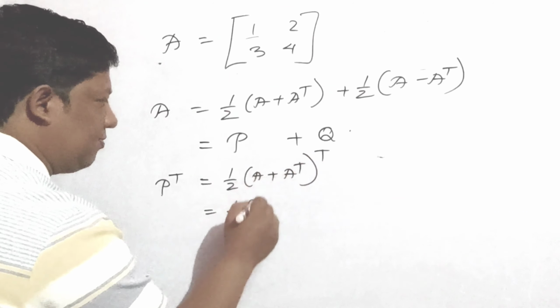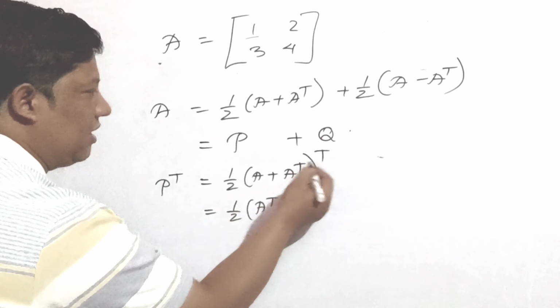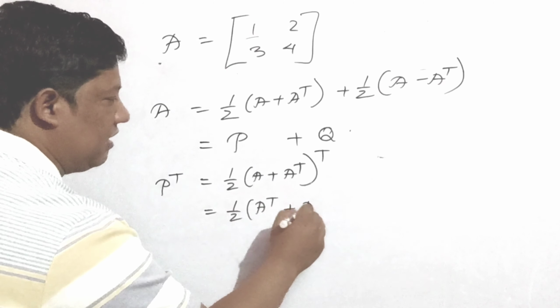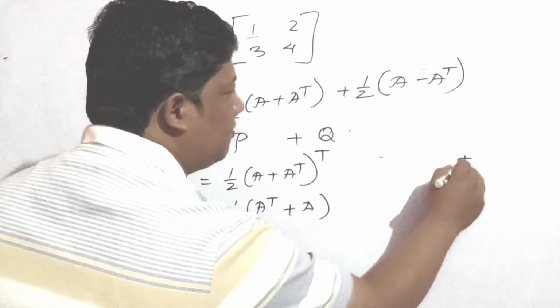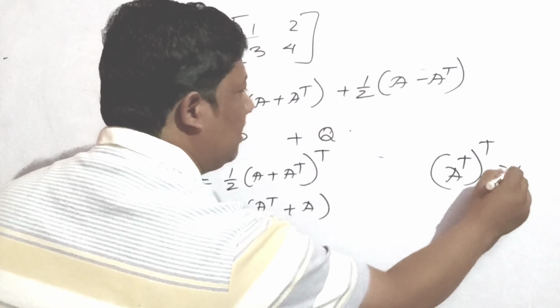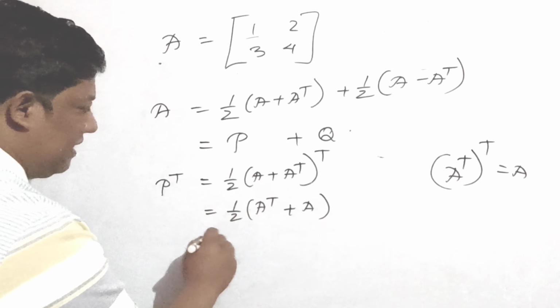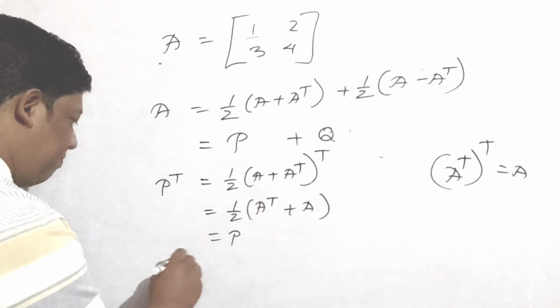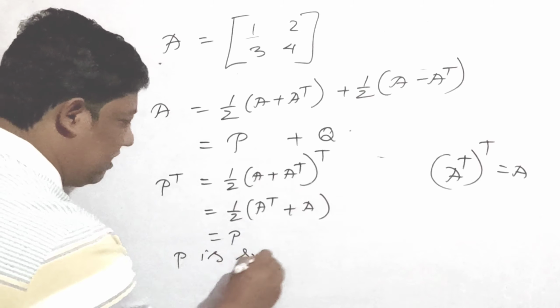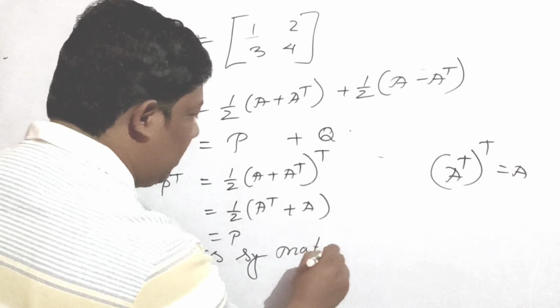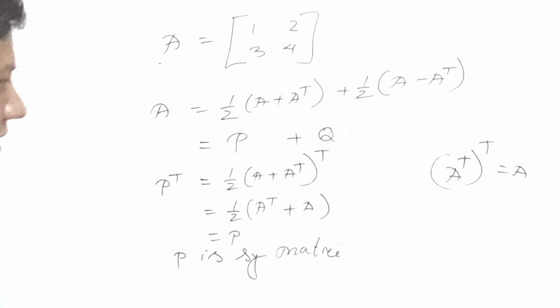Half of this, the transpose comes this side. Again transpose and transpose, you get how much? A. Because A transpose, again transpose, you get how much? A. So P is same as it is P. That is why P is a symmetric matrix.